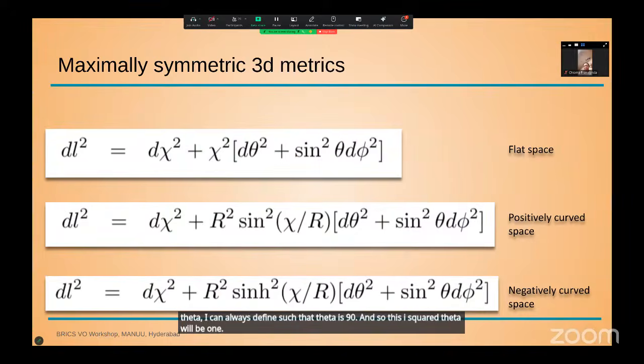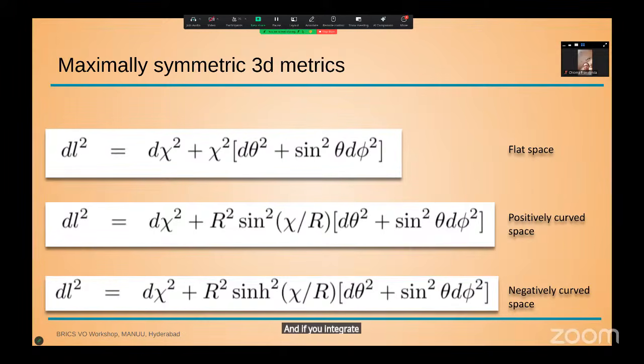And so you get dl equals r times d phi. And if you integrate over phi from 0 to 2 pi, you just get 2 pi times r. So that is the normal circumference of a circle formula that you are using. The circumference of a circle is 2 pi r, depending on what the radius is.